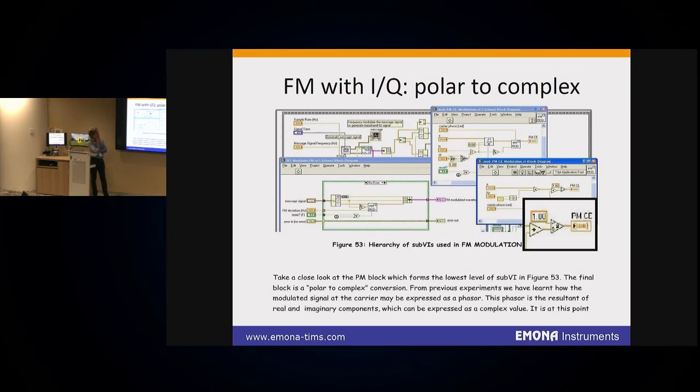If we dig into the code used to create FM in LabVIEW, we can see that integration is involved, and also the final stage is the conversion of a polar representation into a complex IQ representation.